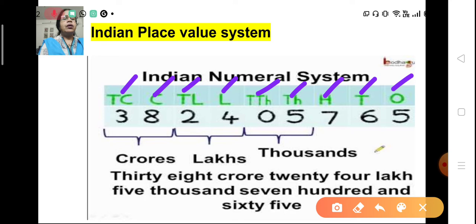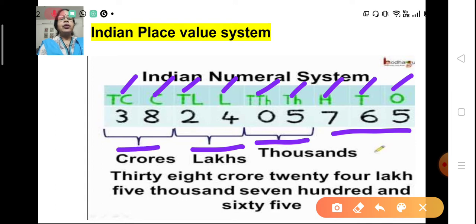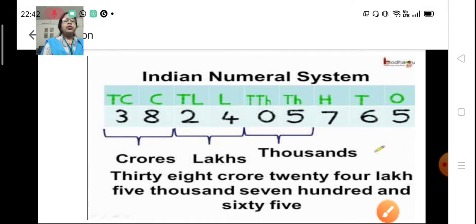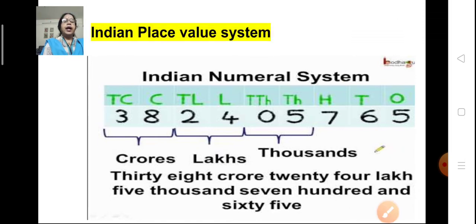Up to here we have hundreds, then thousands, then lakhs, and then crores. So, how do we read this number? 38 crore 24 lakhs 5,765. So, according to the place value system, arranging them in a place value column, we can read the numbers easily.